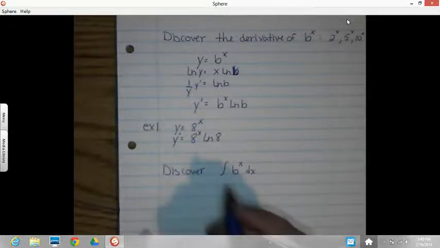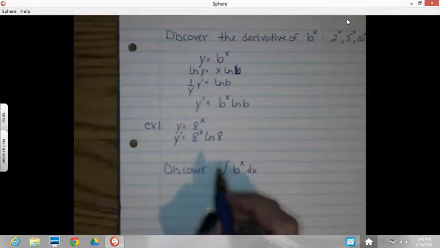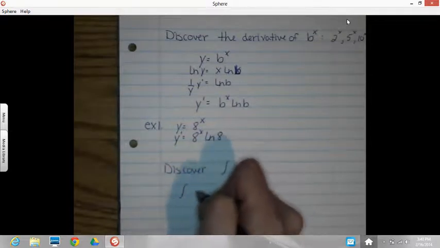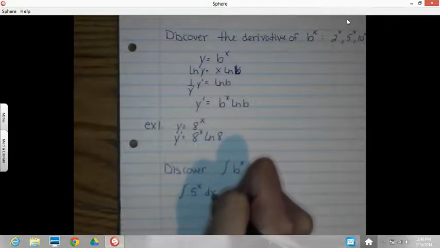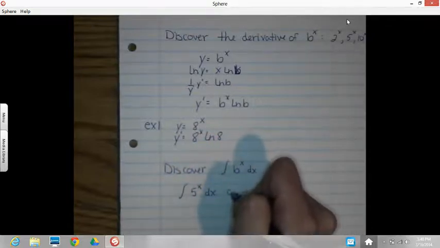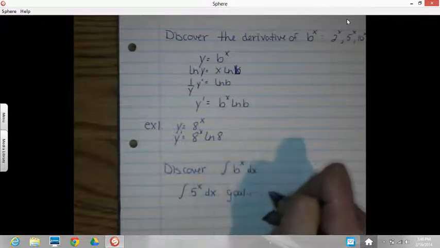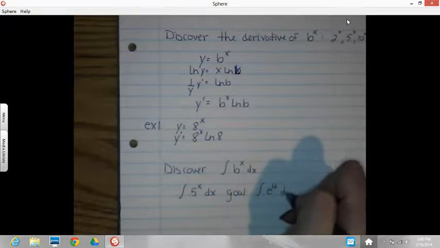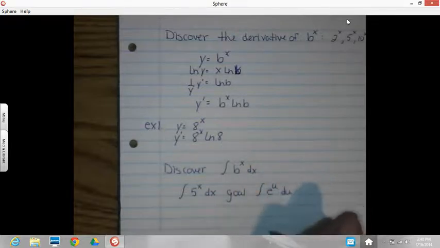If I start with a number, it's going to be easier. The integral of 5 to the x dx. Our goal is to get this in the form of e to the u du, because I know e to the u integrates back to itself.